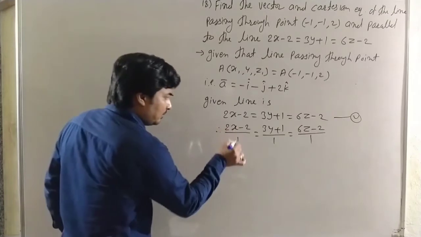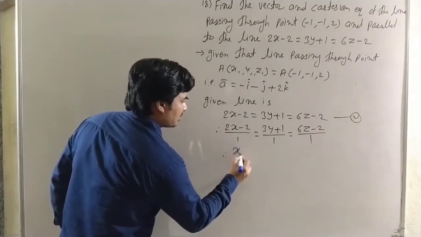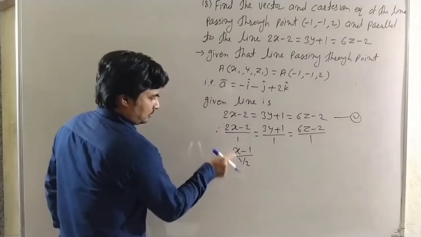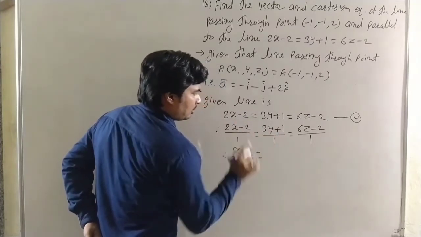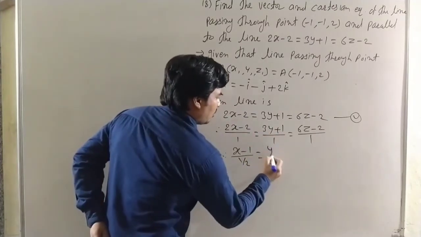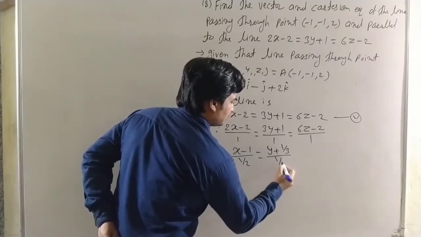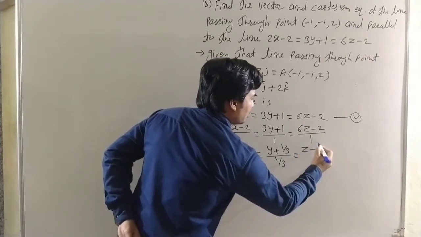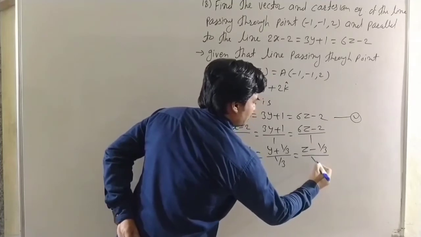So we divide by 2, by 3 and by 6 respectively. Therefore (x minus 1) upon 1 by 2 is equal to (y plus 1 by 3) upon 1 by 3 is equal to (z minus 2 by 6) upon 1 by 6.